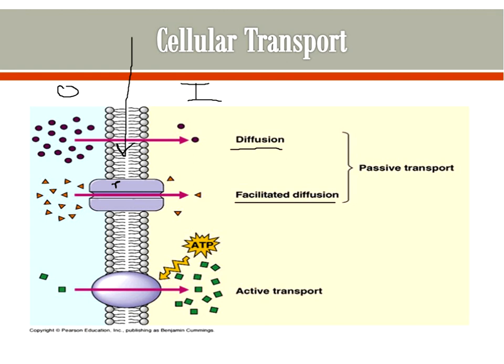That's where you go from a low to a high concentration. So you need help. You need energy, which is ATP, in order to do that. So know about diffusion, know about facilitated diffusion. They're the same thing, just facilitated is help with a protein. Know about active transport, where it goes from low to high concentration, much harder to do, so it requires energy.